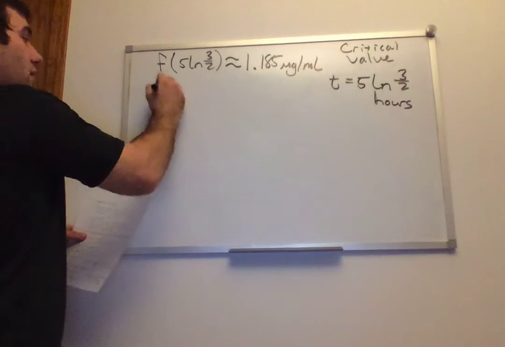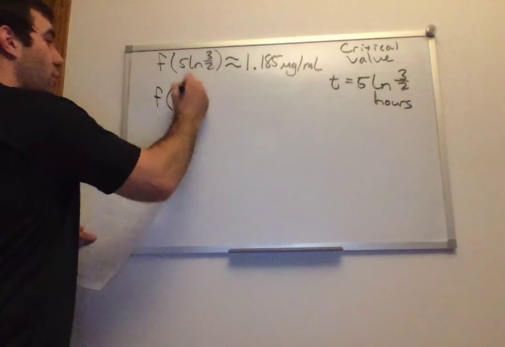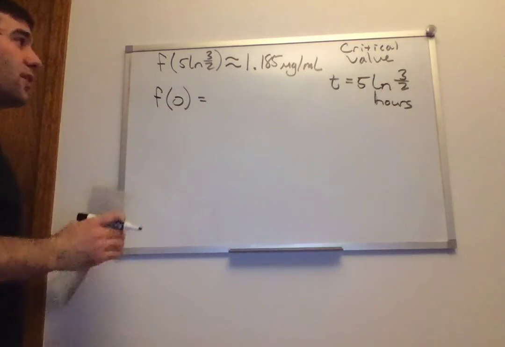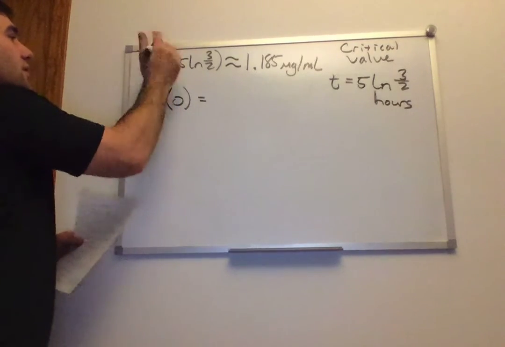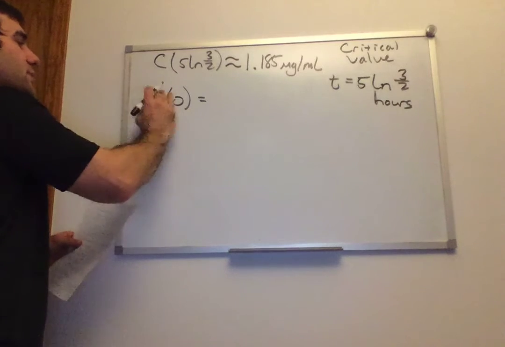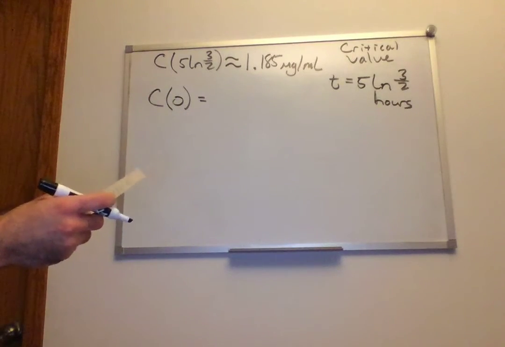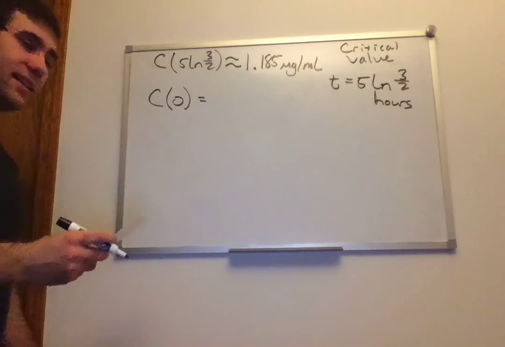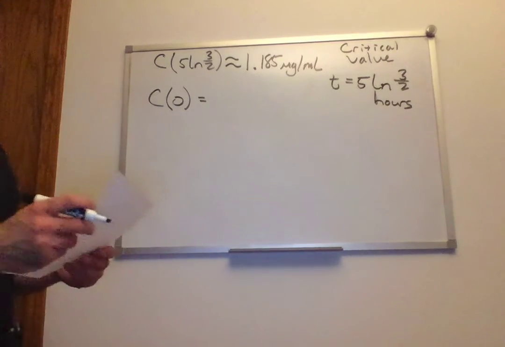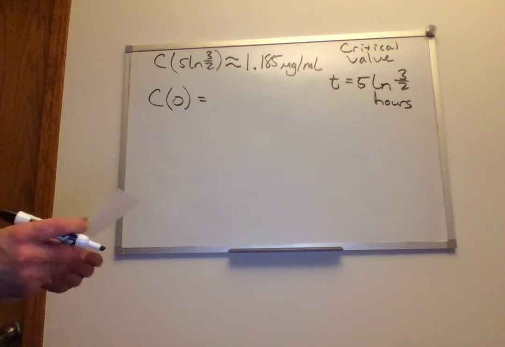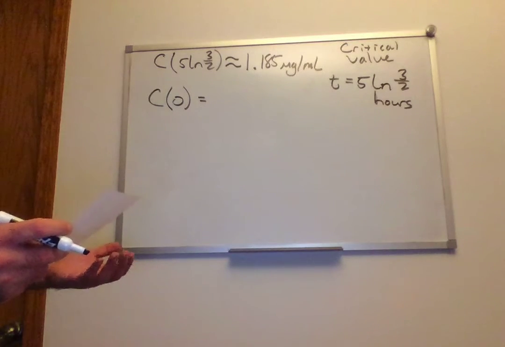So now we also have to find the function values of our endpoints. Oh, I'm using F here. We should be using C because it was C of t. So if I plug in 0, well, you don't even have to plug it in. If you think about it, you haven't injected yourself with any antibiotics. You haven't taken any.